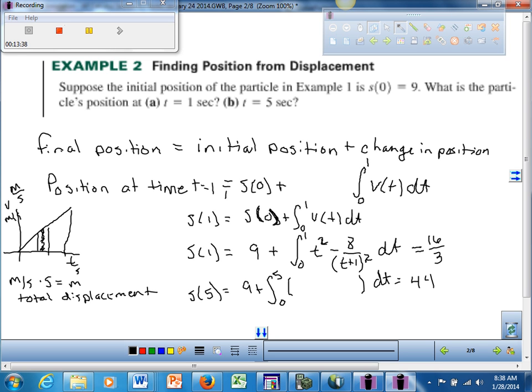Based on the information we've already found. I can go from 1 to 5, right? I could say S of 5 is equal to not 9, but 16 thirds plus the integral from 1 to 5. You have a starting point and then just the net change from that starting point to where you're going. Okay? All right.